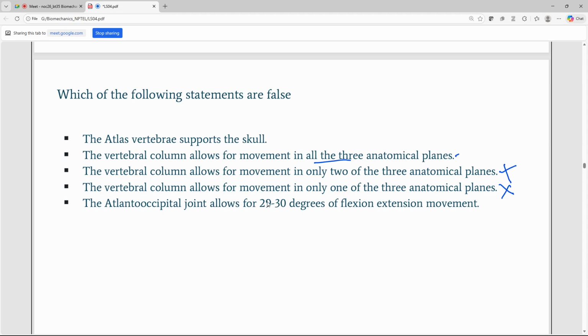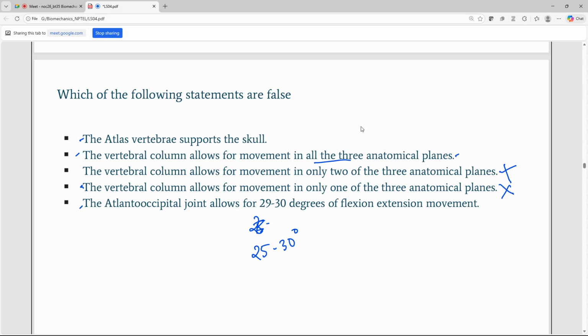And also, the atlanto-occipital joint allows around 25 to 30 degrees of flexion extension movement. And also, you know that atlas is the C1 segment, and this vertebra is the one giving support to the skull. So options 1, 2 and 5 are correct, whereas these two are wrong.